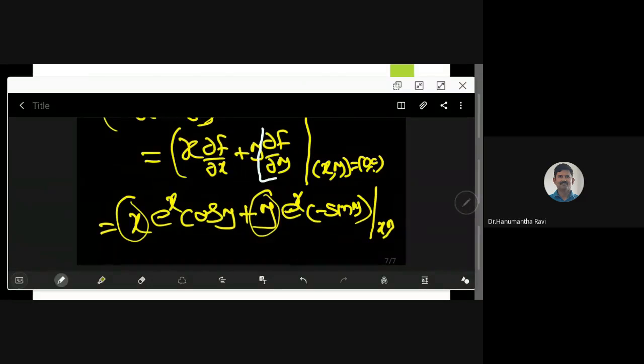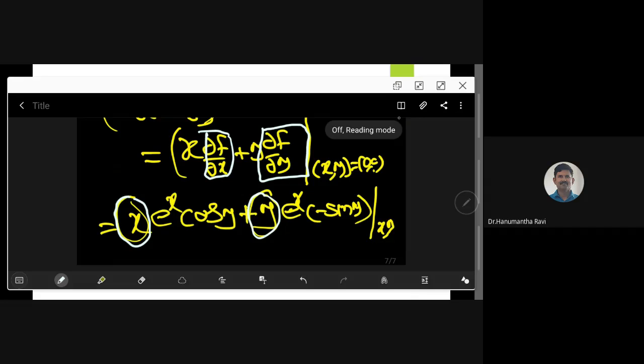You need to substitute x, y equal to 0 in this part only. So don't substitute in place of the x and in place of the y. They will be there. But in the other parts you have to put 0.